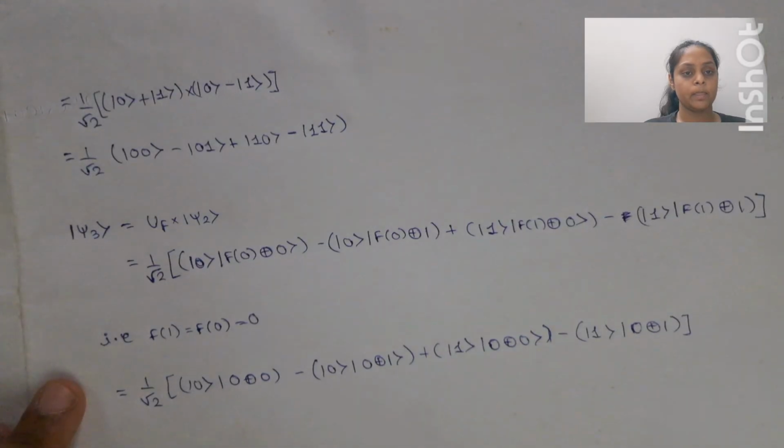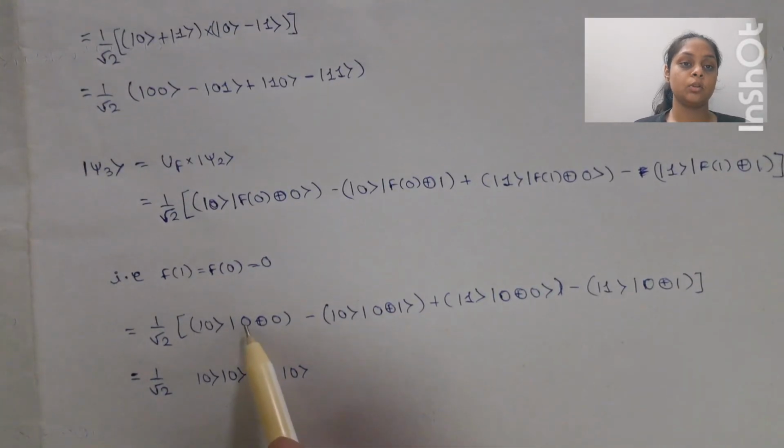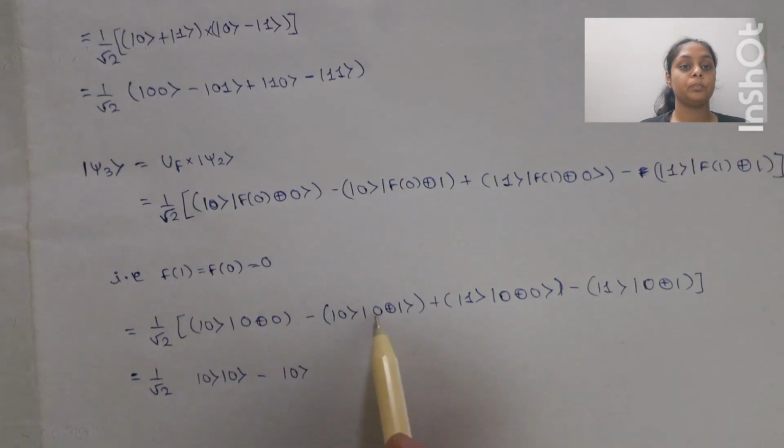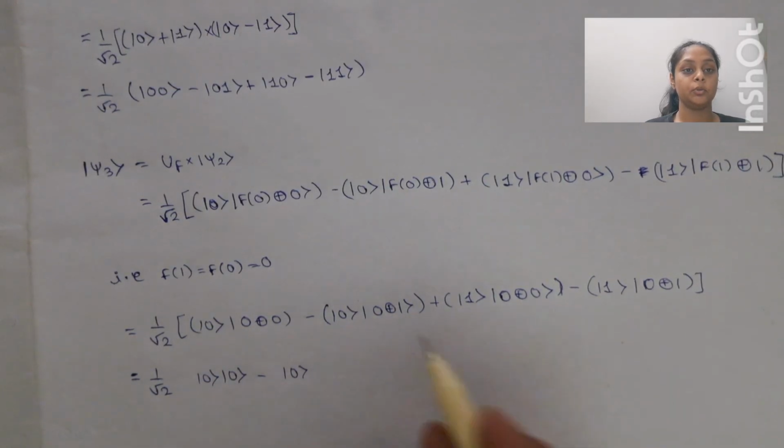Now, as we all know, 0 XOR 0 is equal to 0 and 0 XOR 1 is equal to 1.